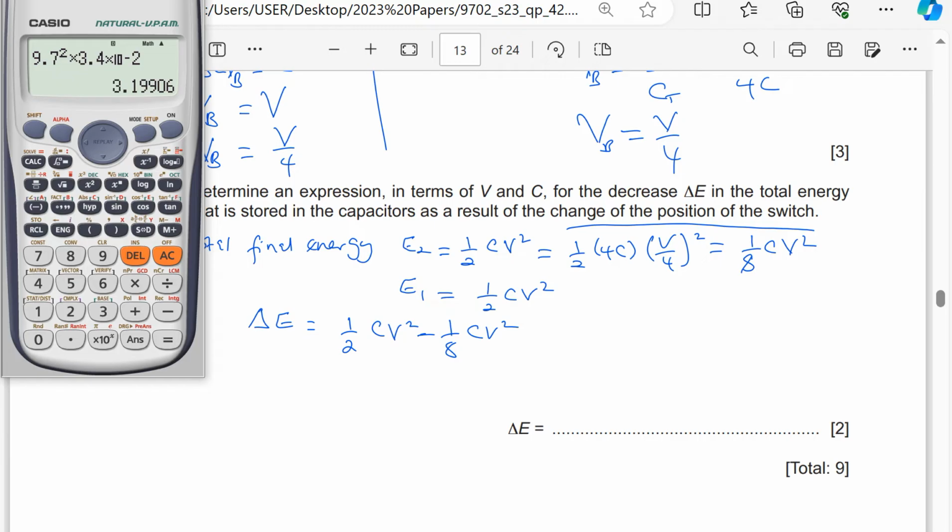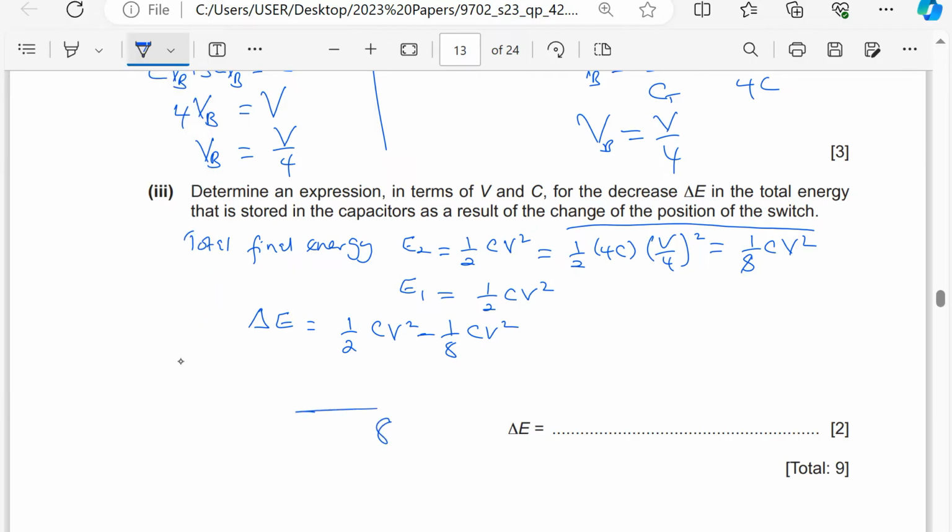Let's check this: the LCM is 8, so that is 4 CV squared minus CV squared, which gives us 3 divided by 8 CV squared.